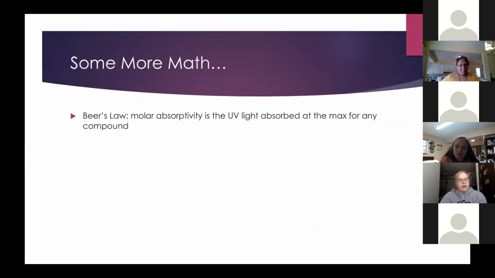So some more math. Now we have what's called Beer's law, and it's the molar absorptivity, the UV light absorbed at the max for any compound. Do you remember Beer's law from Gen Chem 2? You did a Beer's law experiment. Vaguely.